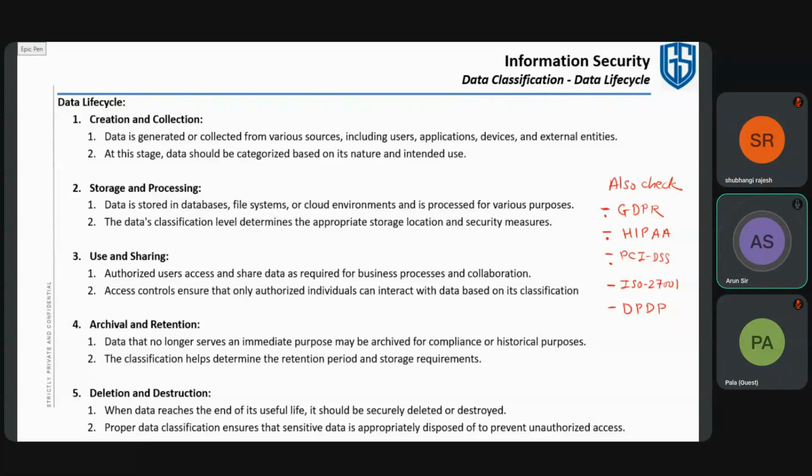PCI DSS applies to things like PayPal and all the payment gateways, Razorpay, and other pay services. Everyone is offering a payment gateway, and all those payment gateway websites and applications comply with PCI DSS.